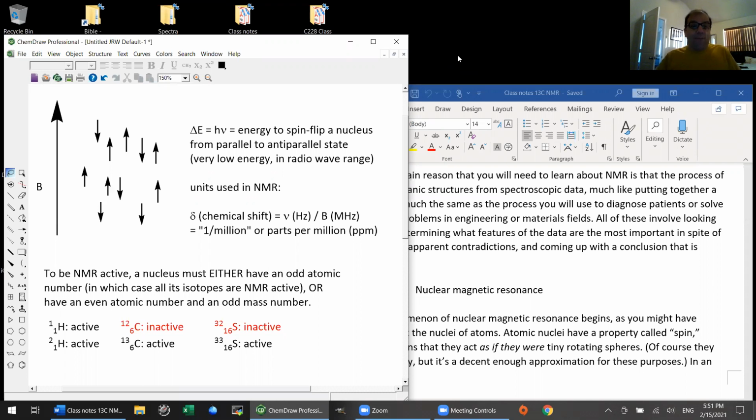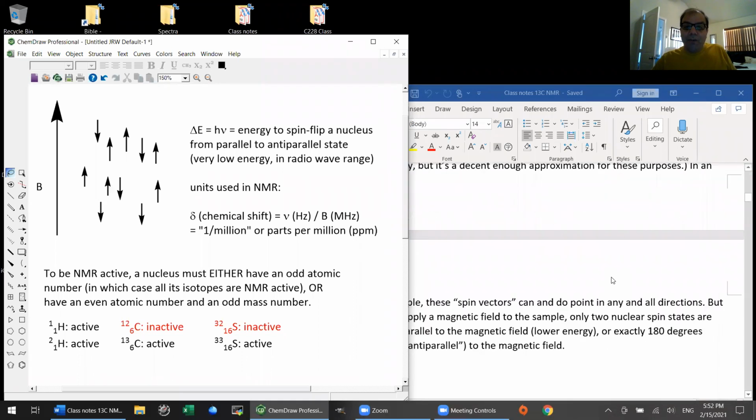Where it comes from is that all atomic nuclei, regardless of what element, have a property known as nuclear spin. What that means is that the nucleus behaves as though it were a tiny, rigid, rotating sphere. It isn't really, of course, but it is a property that makes it as if atomic nuclei were like that.